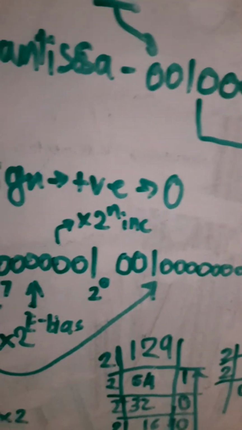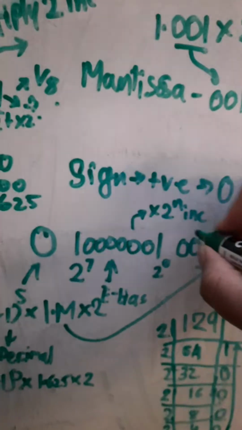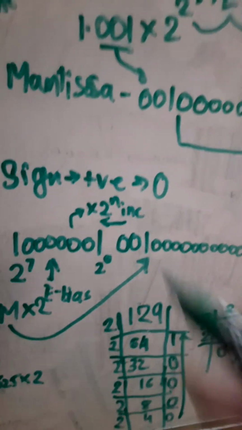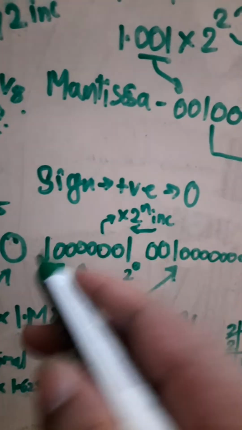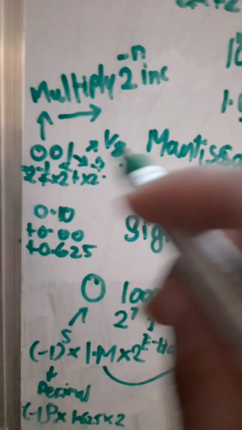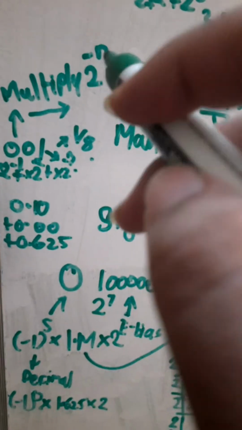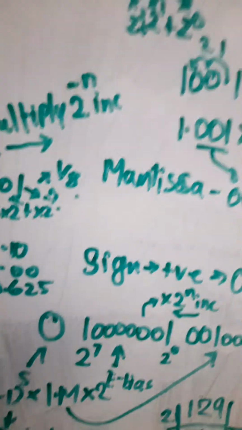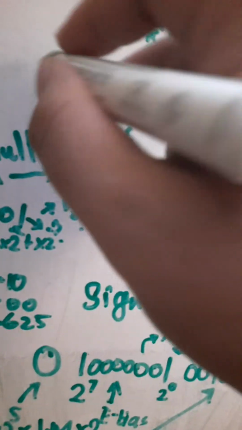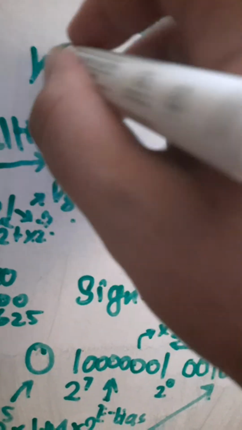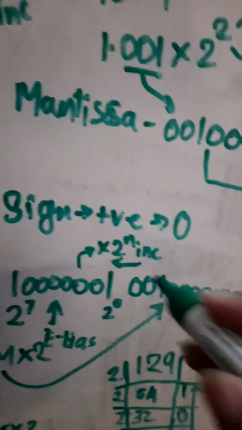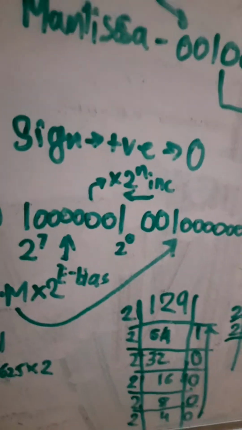This is to the left of the decimal point, whereas after the decimal point we get smaller numbers. So 2 raised to minus n means divide by 2, while this is multiply by 2. That's why the difference is there.